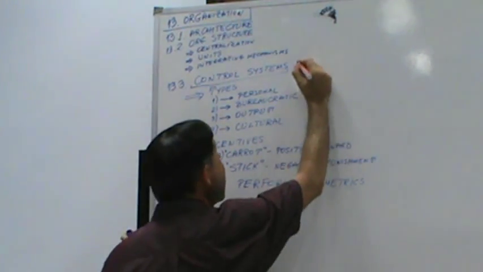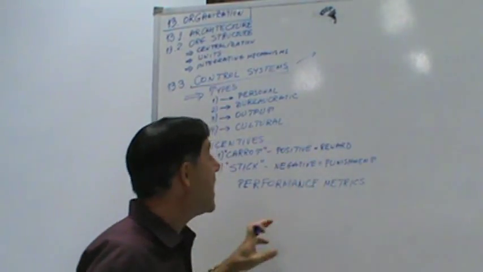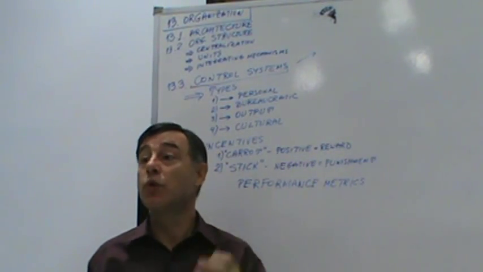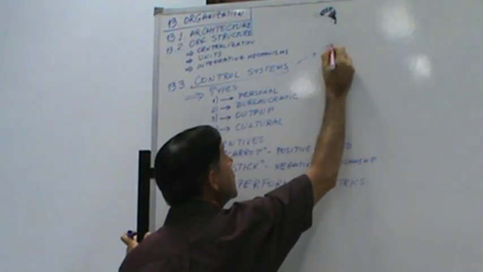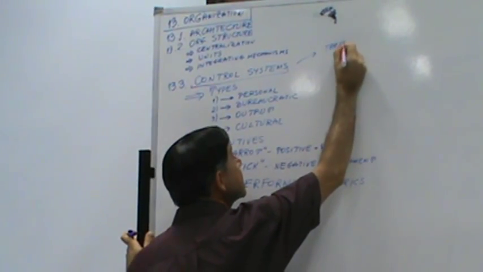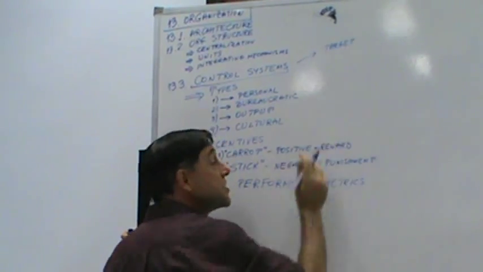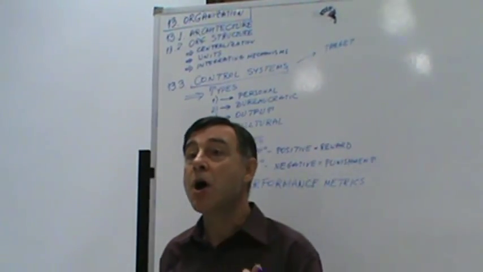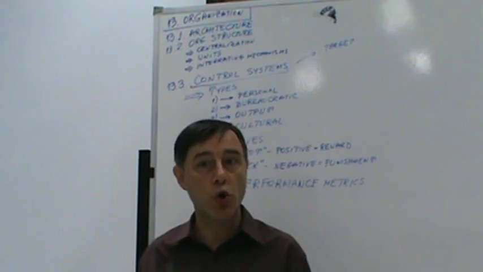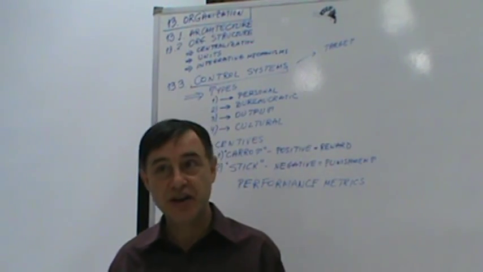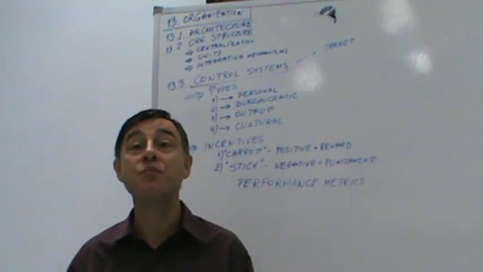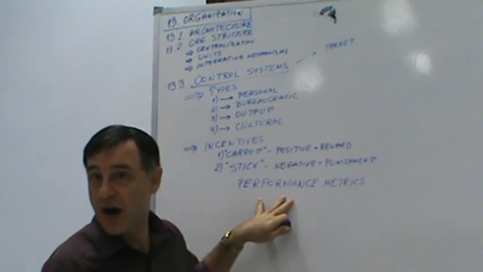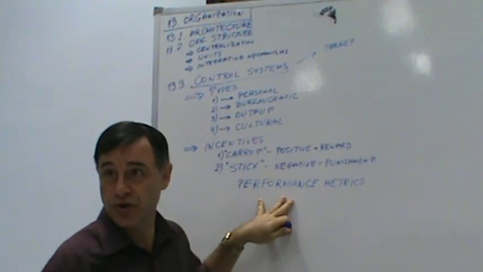any control system will have some sort of what we call target, which is something that you want to accomplish, the same as a goal or objective, but the goal and objective will somehow be quantified and measured.